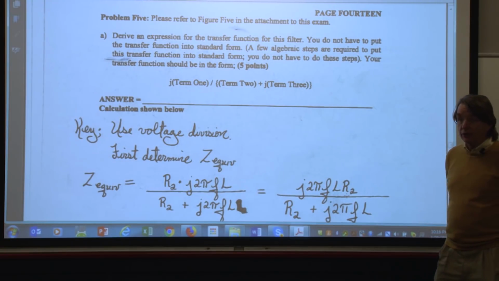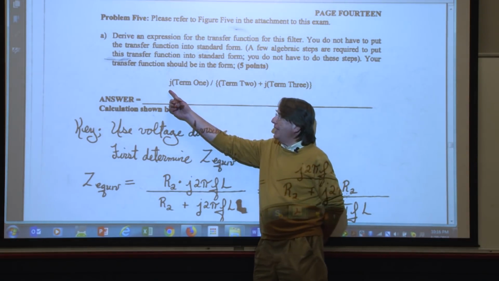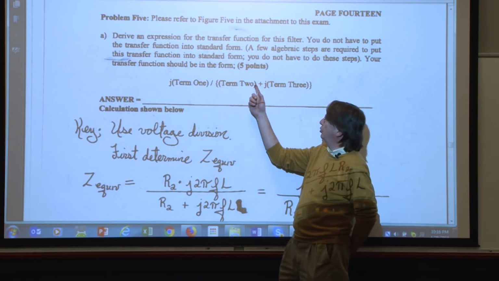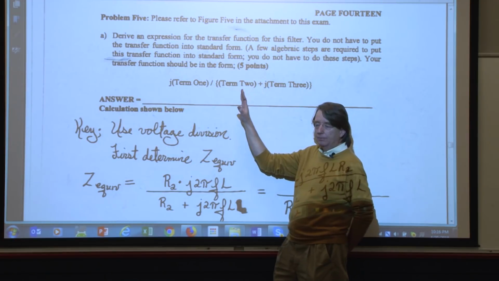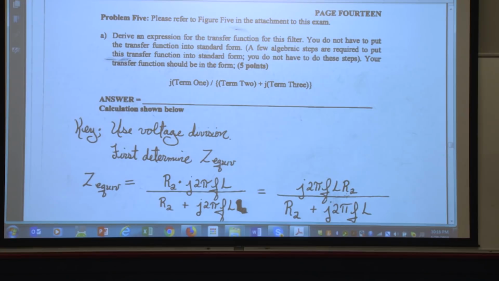It requires a little bit of algebra. So I say, look, just leave it this way. j times term 1 divided by term 2 plus j times term 3. Just write it in that form. Okay? So that's the general form of the transfer function.